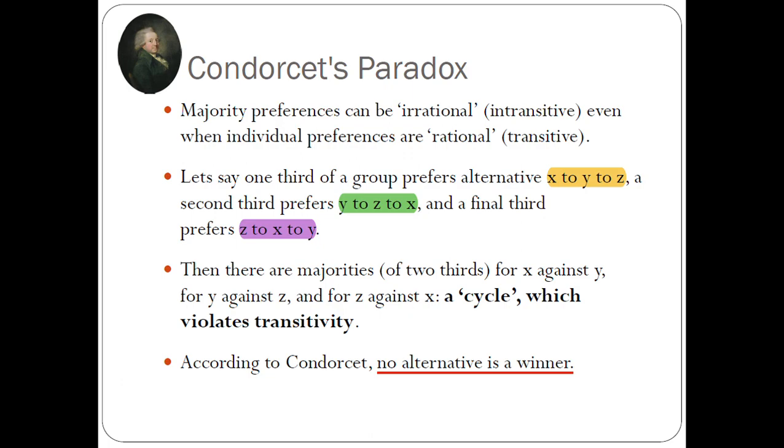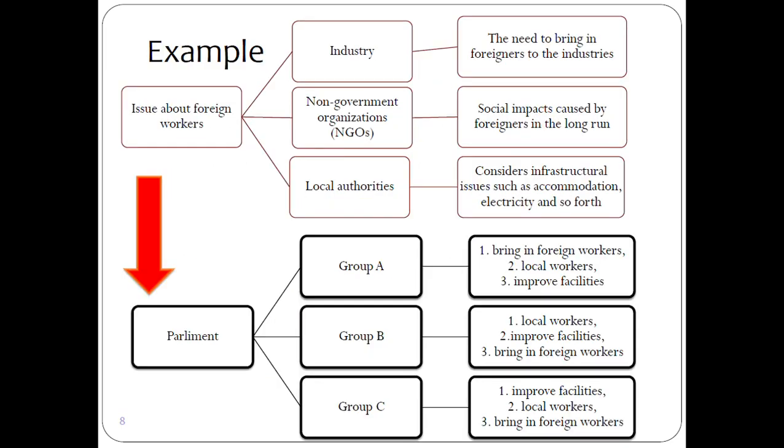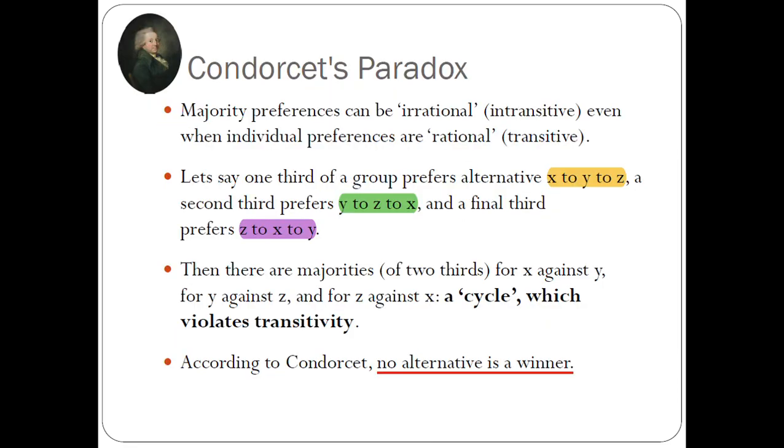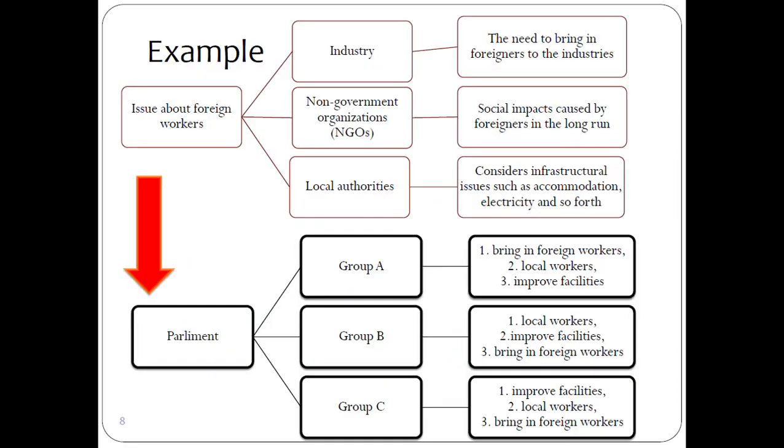Okay, so according to Condorcet, no alternative is a winner. Tiada okay, jadi yang betulnya adalah yang tiada alternatif lah. Okay, so contohnya kat sini lah, senang ni macam belit sikit kan. Okay, for the example, the issue about foreign worker, isu pasal pekerja warga asing.